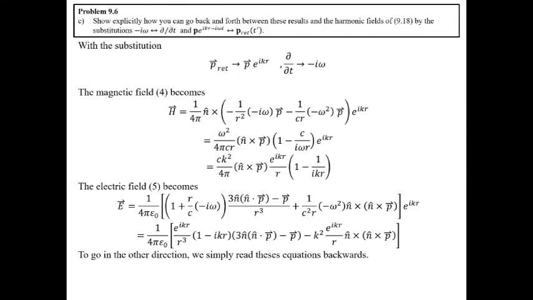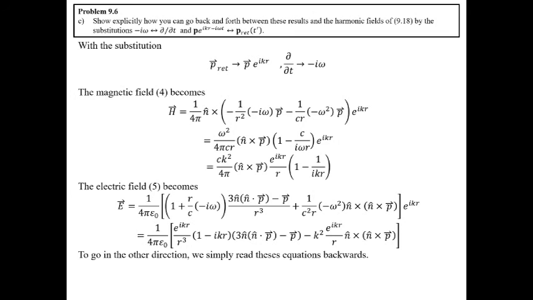Problem C. Show how you can go back and forth between these results and the harmonic fields of 9.18 by the substitutions minus i omega for partial t, and p e to the i k r minus i omega t for p retarded of t prime.